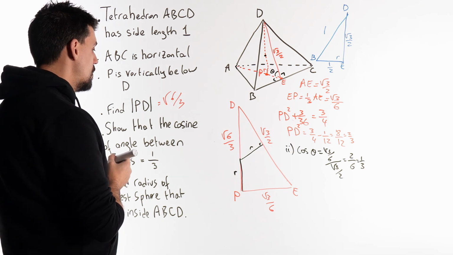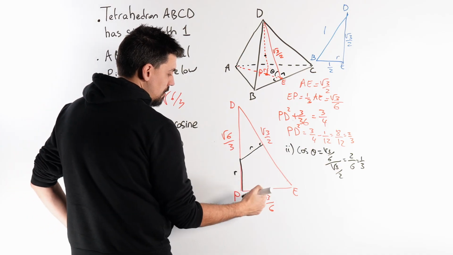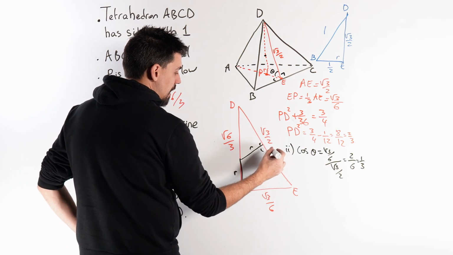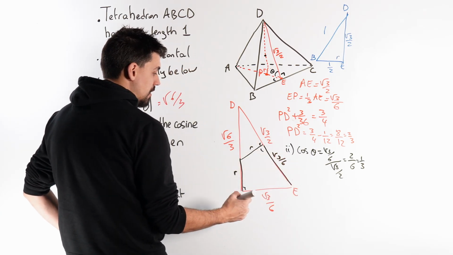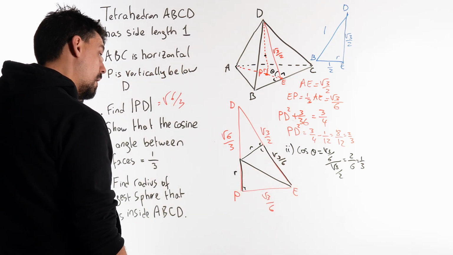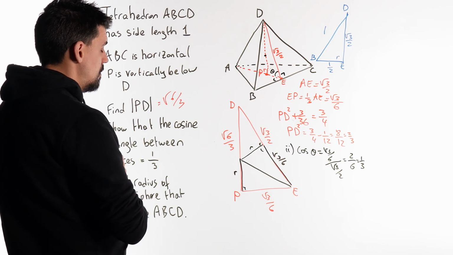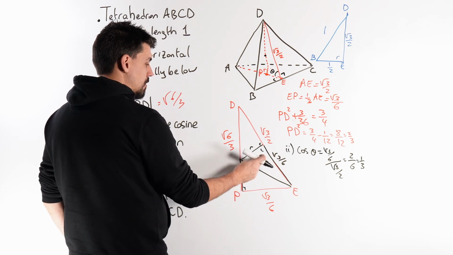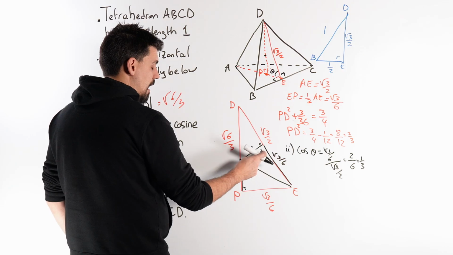Okay. So now we need a few other bits and bobs. Now, this is interesting. That's a right angle, that's a right angle. So we can say that that is root 3 over 6 as well. That's kind of important for me, because these are just identical triangles. R, you can easily show, because that angle there.